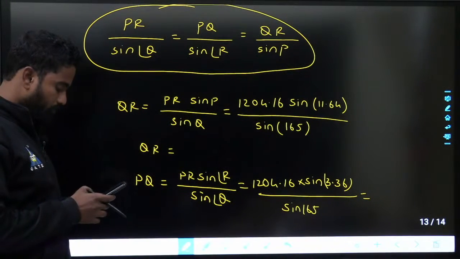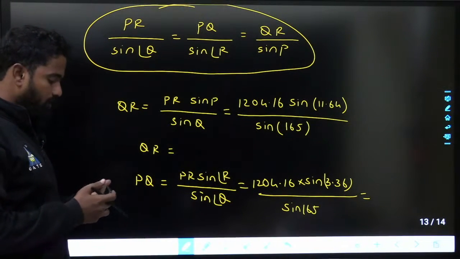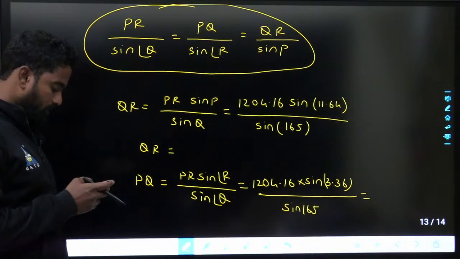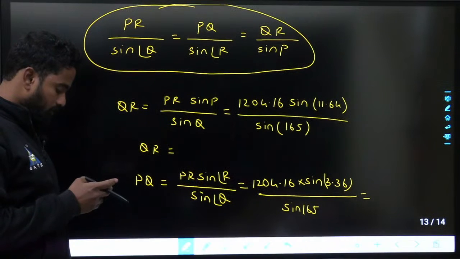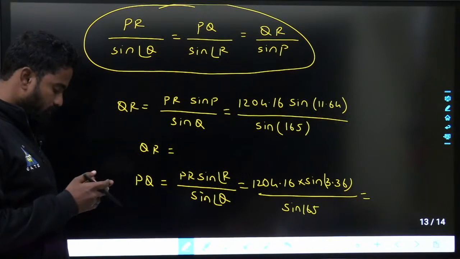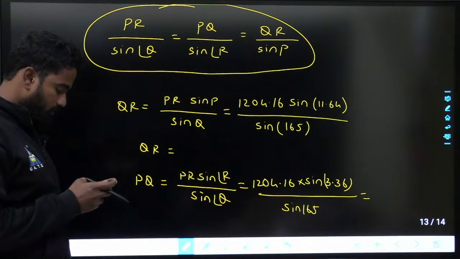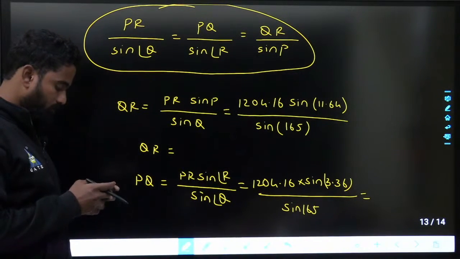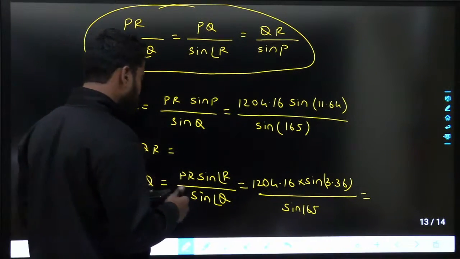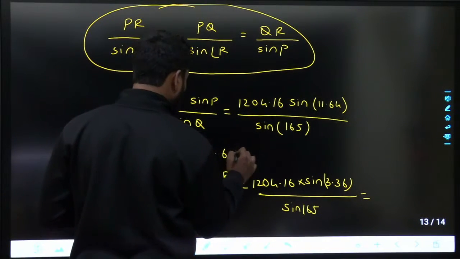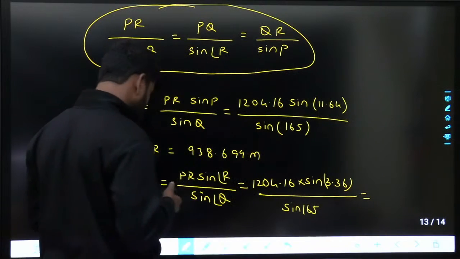You want me to calculate? 1204.16 multiplied with sin 11.64 divided by sin 165. So this is 938.699 meters.